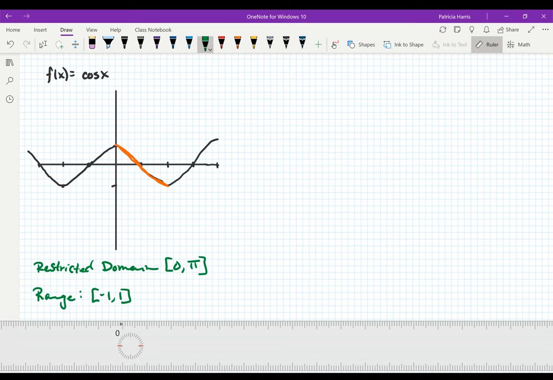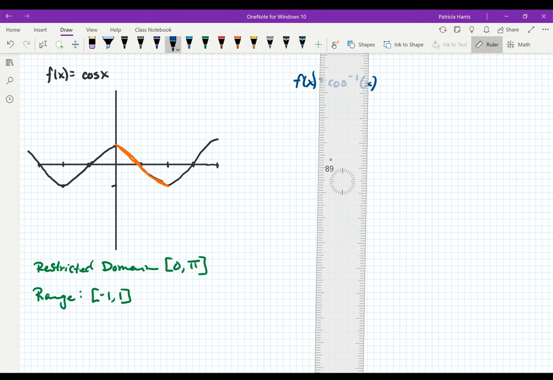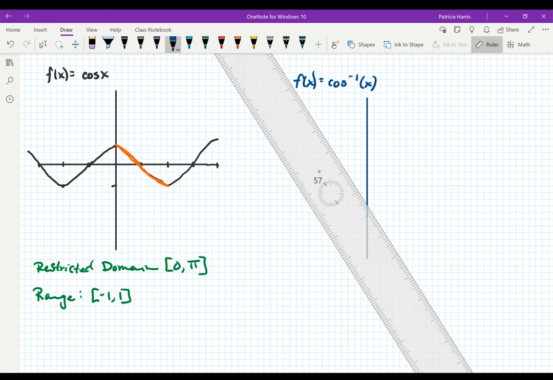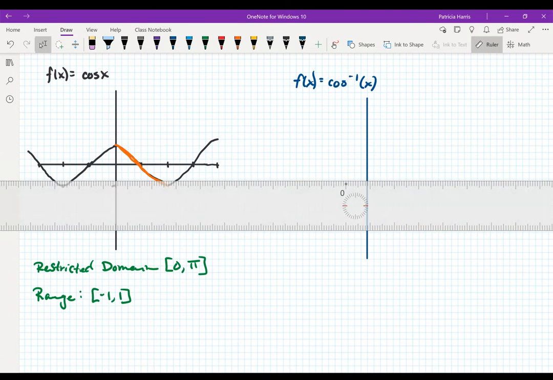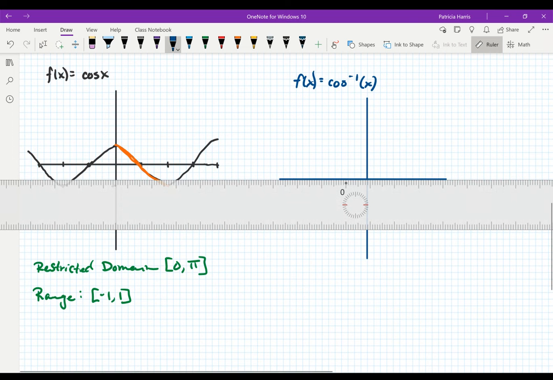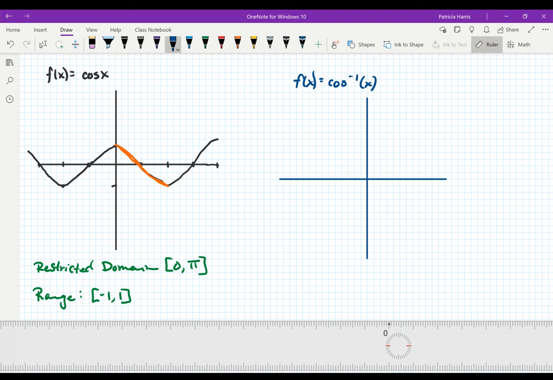So when I switch it and I do the inverse, remember our x and y switch.